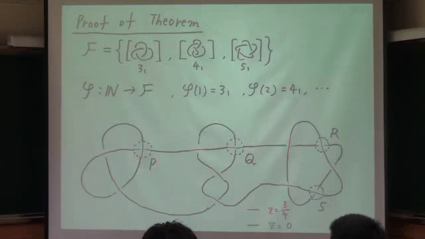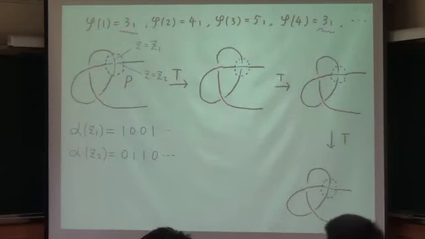So we see these crossings are fixed under the iteration of T. And the important ones are these crossings p, q, r, s. So this is the p part.